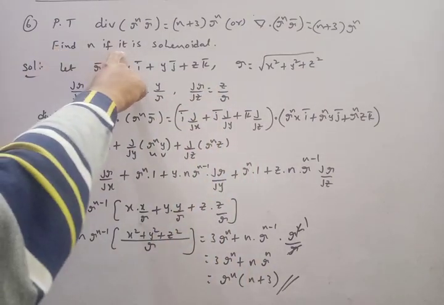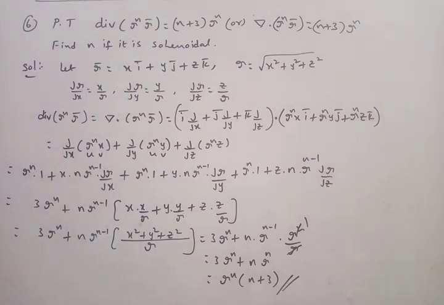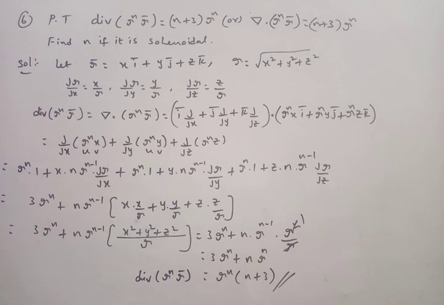Then he's asking to find n if it is solenoidal. When we say solenoidal, if divergence of any vector is 0, that is called solenoidal, right? So I got div of r to the power n r bar equal to this much. For this value to become 0, what do I have to take? We have to take n equal to minus 3.